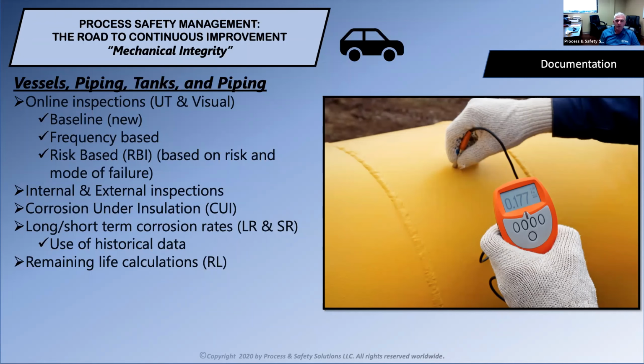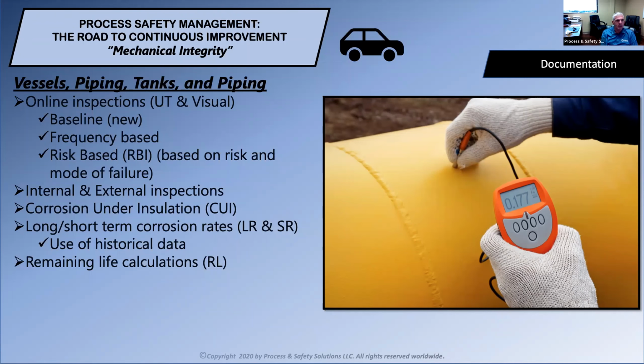For example, if your inlet gas in a gas plant contained some H2S, then your corrosion rates would be different than a facility that handled no H2S. So we need to make sure that the corrosion rate history data that we use is comparable to what the process will actually see, and then you may be able to use historical data.